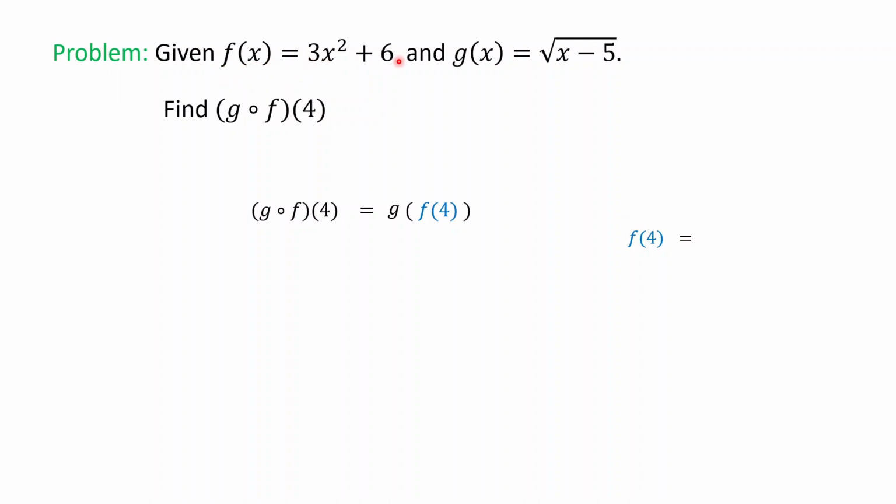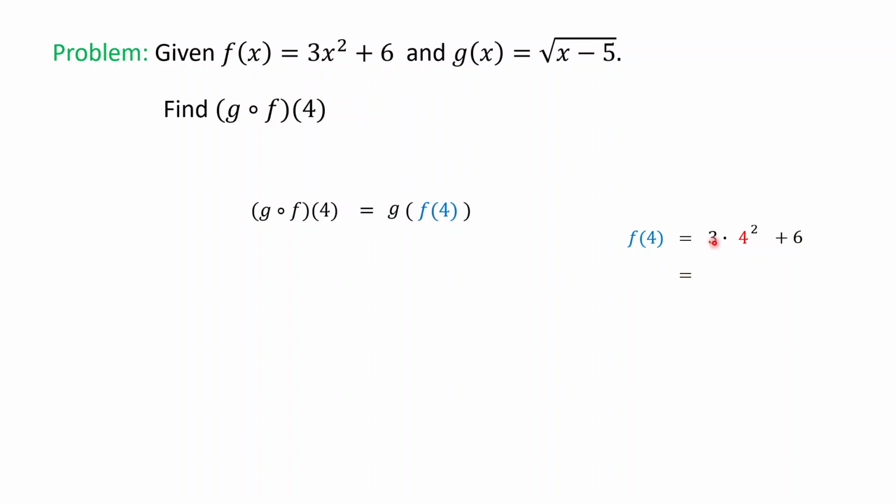f of x is this. Substitute 4 for x. So you have 3 times x squared, x is 4, so 4 squared, plus 6.